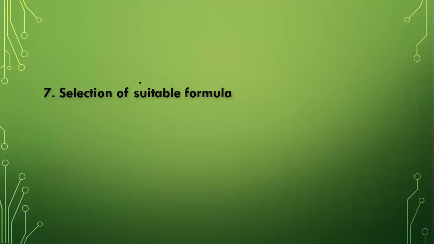When you select a particular formula, it should be based on the availability of the data. We have to apply the formula after seeing which data is available. As I said, there are various formulas: Laspeyres formula, Paasche's formula, Fisher, Bowley's, Kelly's.